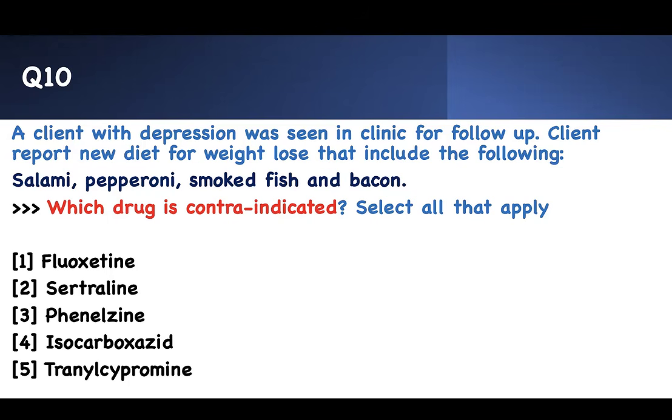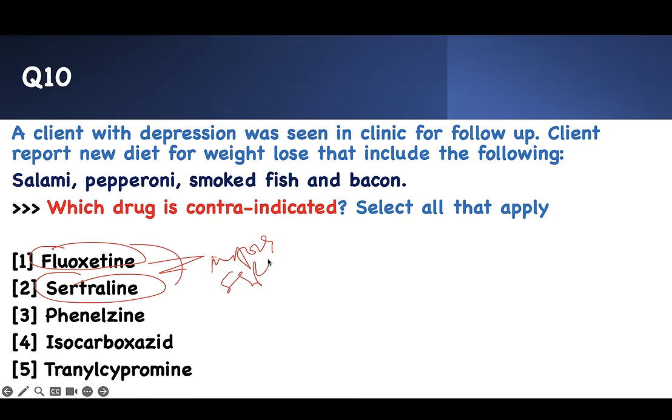And then you say, okay, I don't know which one it is. If you don't know any antidepressant medication at all, I want you to know this: fluoxetine and sertraline. We're looking for MAOIs. These two are not MAOIs. Know them. Fluoxetine and sertraline are SSRIs.